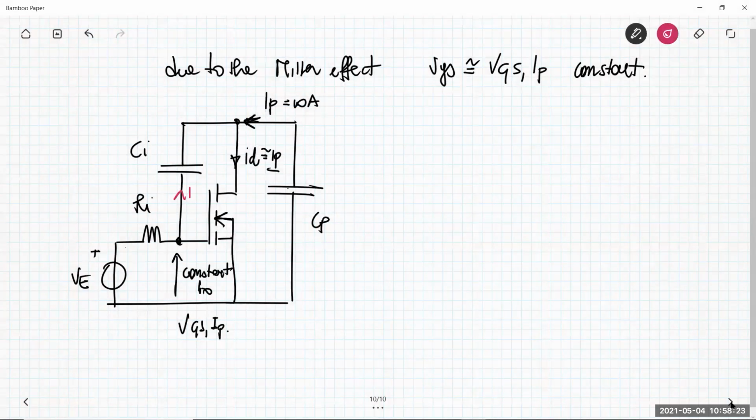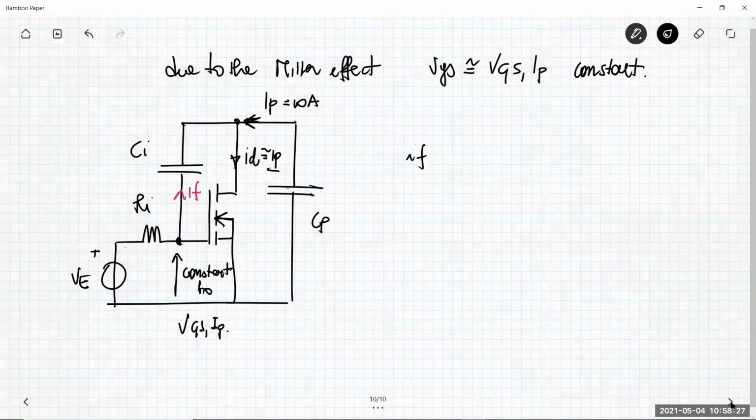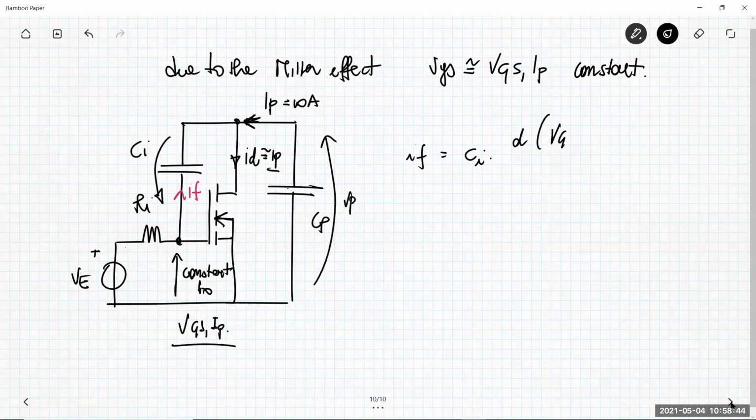Let me consider the current IF, which is flowing here. The current IF is CI multiplied by the voltage across this capacitor. The voltage across this capacitor is VGS IP minus VP, over dt.